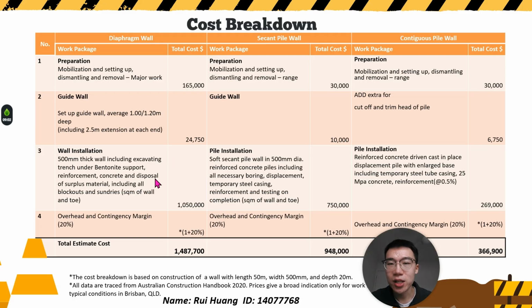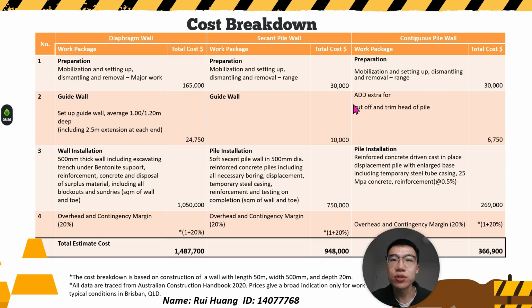The main wall installation, including trench excavation under bentonite support, steel reinforcement, concrete placement, disposal of surplus material, and all blockouts and sundries, totals $1,050,000. A 20% overhead and contingency margin is applied across the subtotal. So the total estimated cost for the diaphragm wall is $1,487,000.